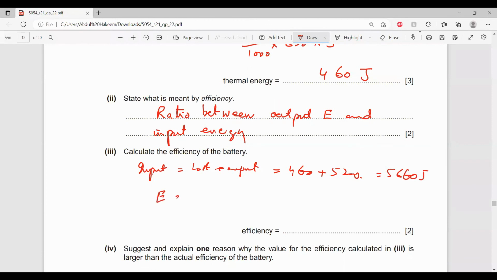Then efficiency is output over input. Useful output is 5200 and the input is 5660. After calculation, the answer is 0.92. So either write 0.92 or just 92%. It's up to you.